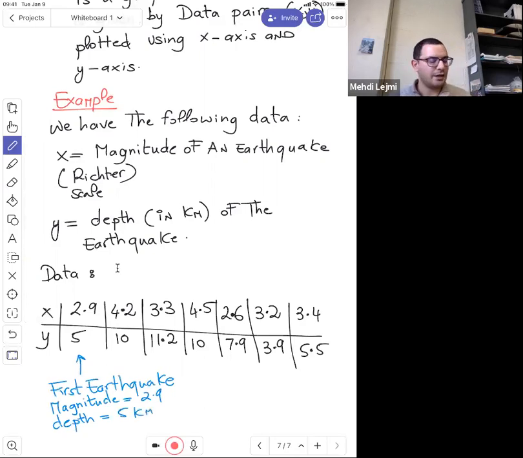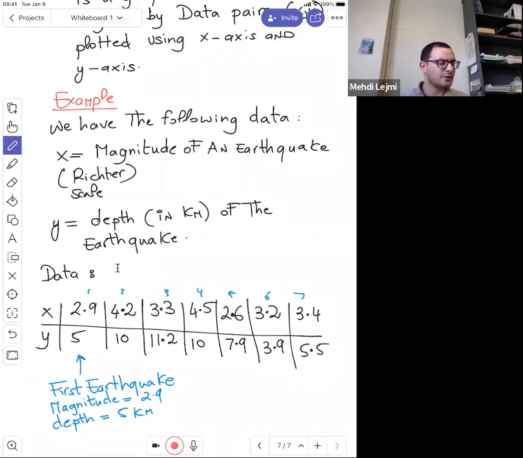That's your first earthquake, right? So how many earthquakes do we have here? We have 1, 2, 3, 4, 5, 6, 7. So we have a sample of 7 earthquakes, right? And for each earthquake, we have the magnitude given by X, and the depth, which is given by Y.